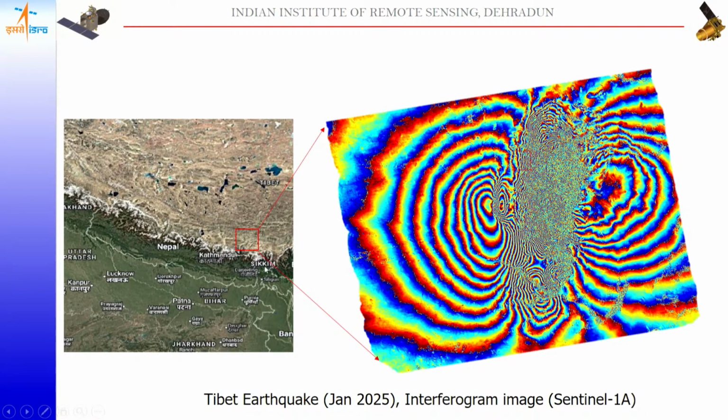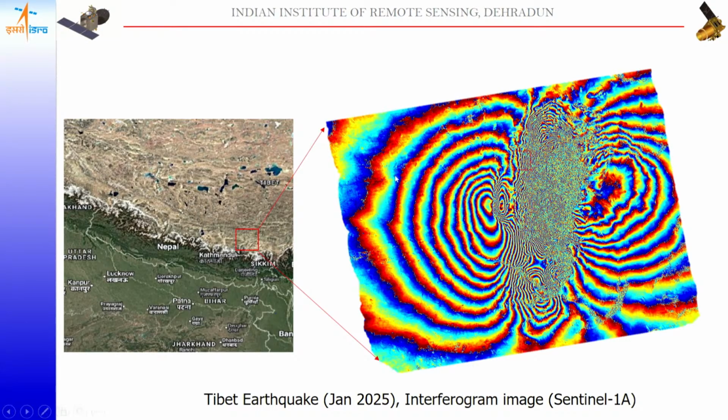This is the recent Tibet earthquake. This is the interferogram we generated using the Sentinel-1 images. You can see the different fringes, and these fringes give an idea of how much displacement has happened. Each fringe gives an idea about how much displacement there is.